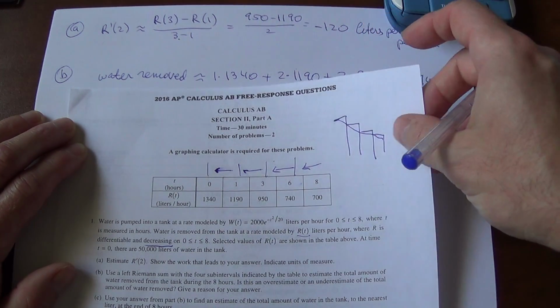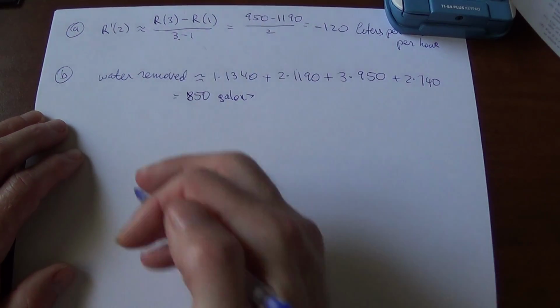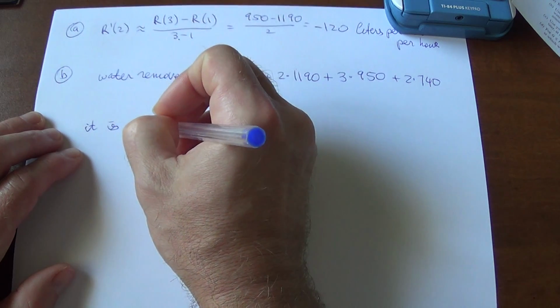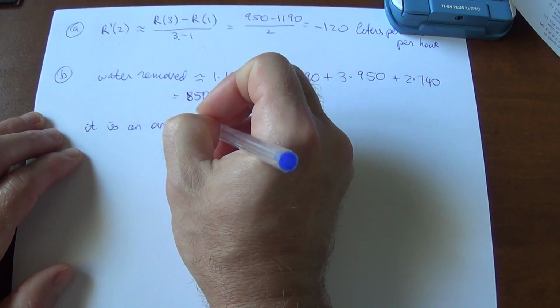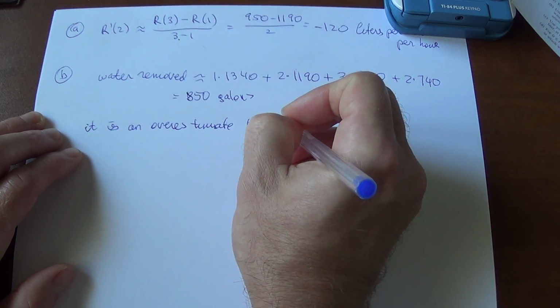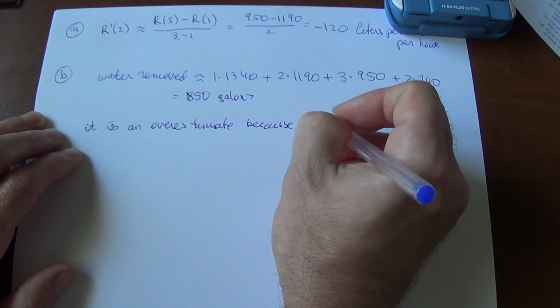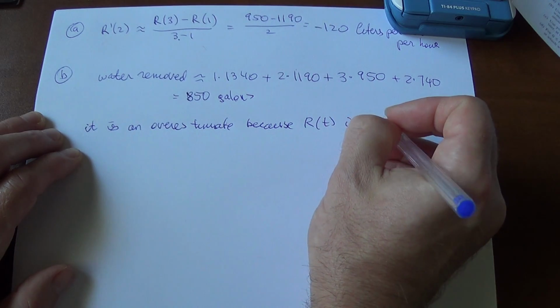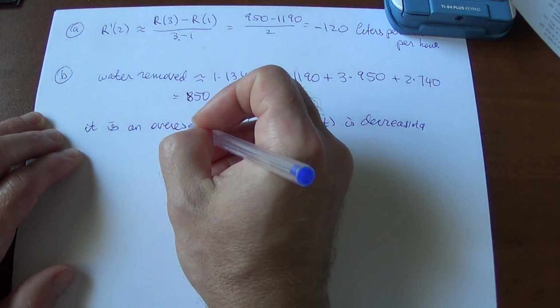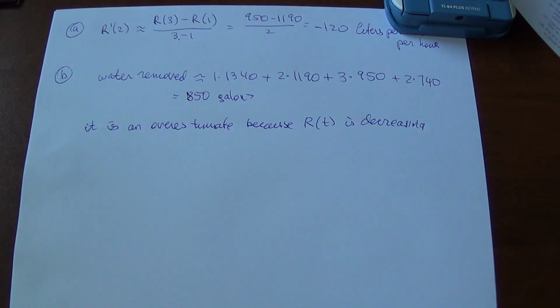You don't need to go into too many details here. You can just say it is an overestimate because r of t is decreasing. That will be enough. Okay?